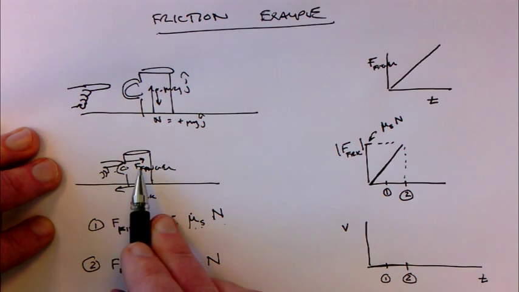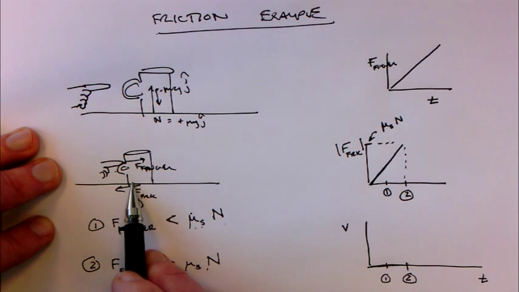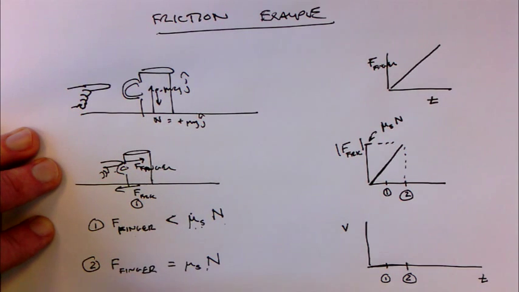Now, once we start to push any harder than mu sub s times n, that's the point at which we start to break these bonds at the surface, and the object begins to move. So now, case 3, we're pushing with a force greater than mu sub s times n.